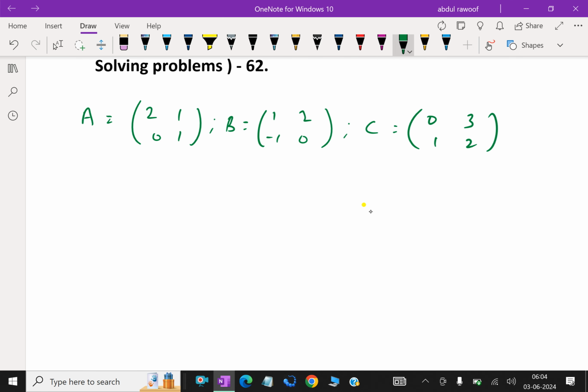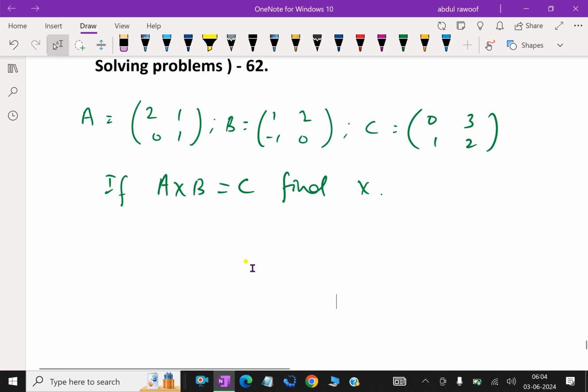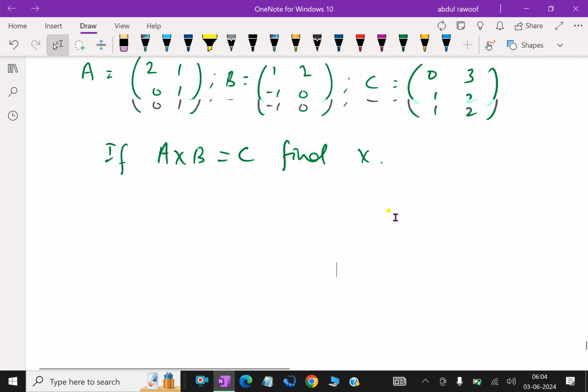If A x B equals C, find x. Here, the multiplication of matrix A, x and B equals C is given.